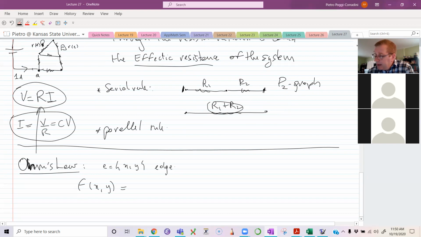So the conductance from X to Y, and then the voltage drop. This is the equation that links the flow, current flow, to voltage potential.